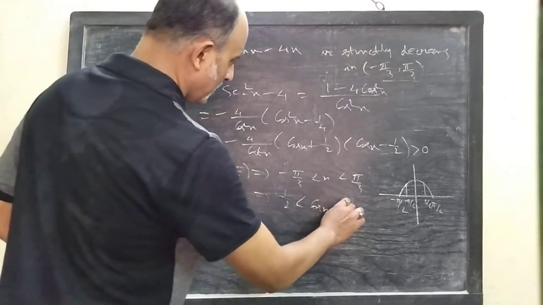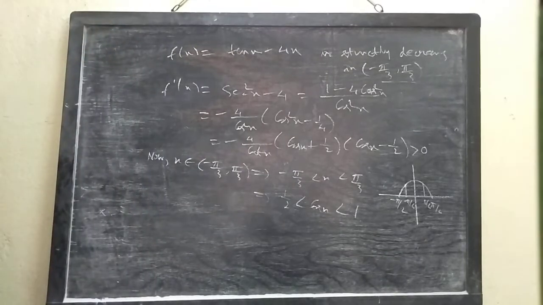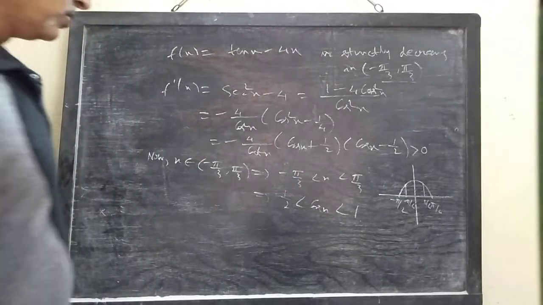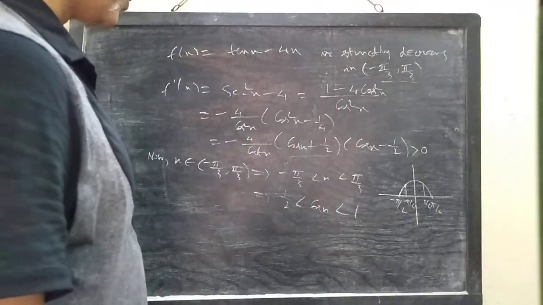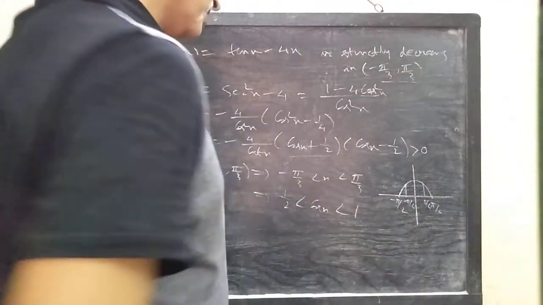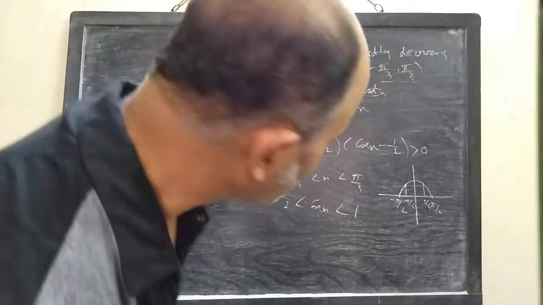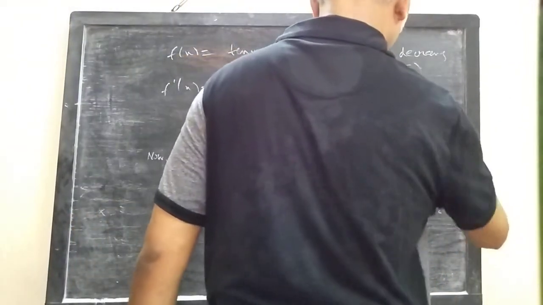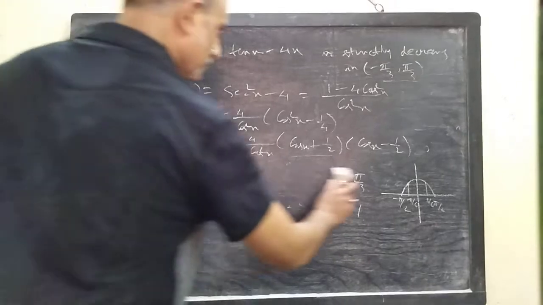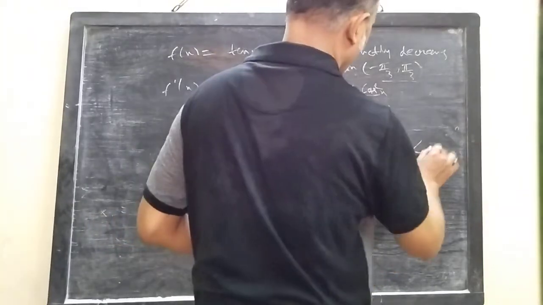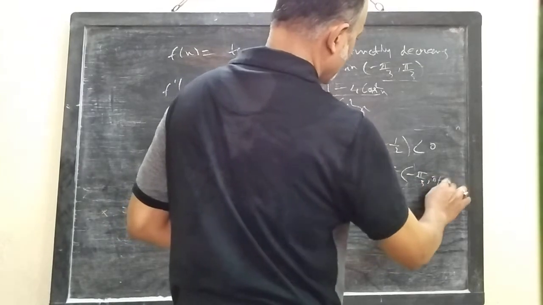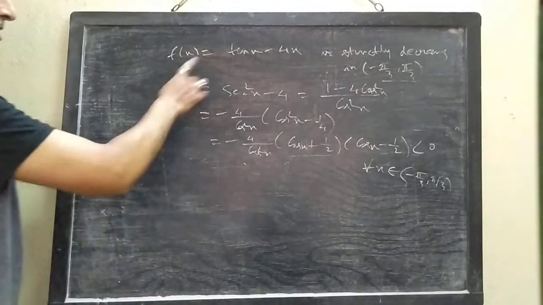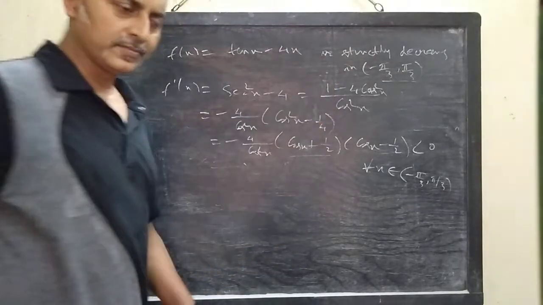Cos x will be more than half, less than 1. So when cos x varies between half and 1, then cos x plus half is positive, cos x minus half is also positive. But here it is minus, so this will be less than 0, for all x belongs to minus pi by 3 and plus pi by 3. So our conclusion is f x is strictly decreasing in this interval.